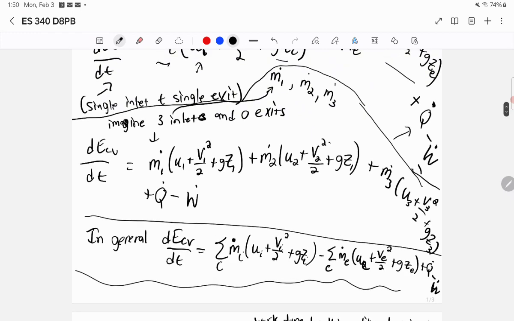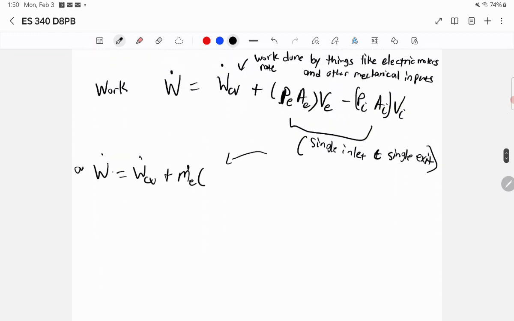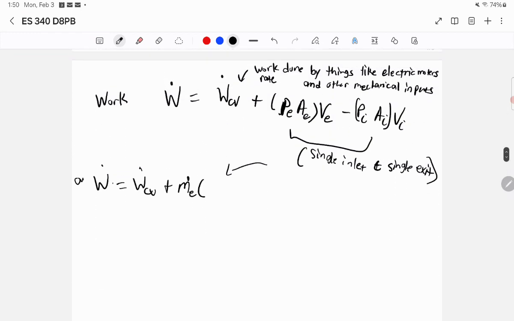Rather than writing the sum out, we can write it in terms of single inlet, single exit: P_e v_e, where that's the specific volume now, minus m_i dot P_i v_i at the inlets, right? Because these are the little work terms. It's easier to see it this way. And these capital V's, by the way, are volume.